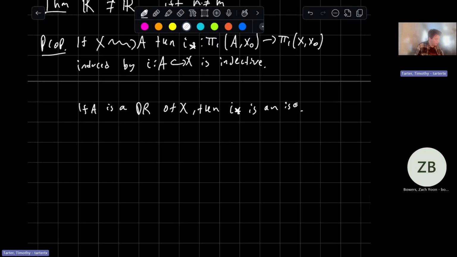Another basic property of induced homomorphisms is invariance under base point preserving homotopy.